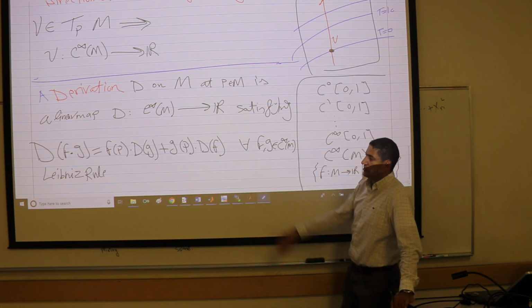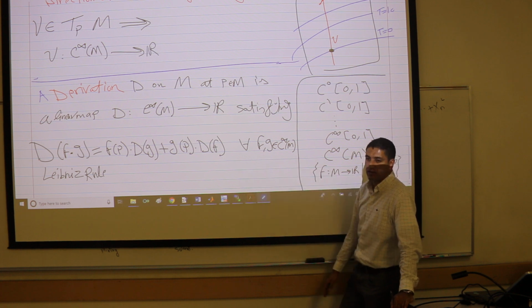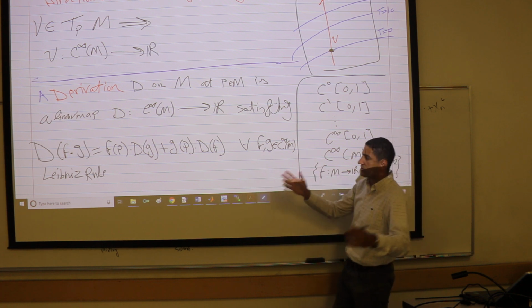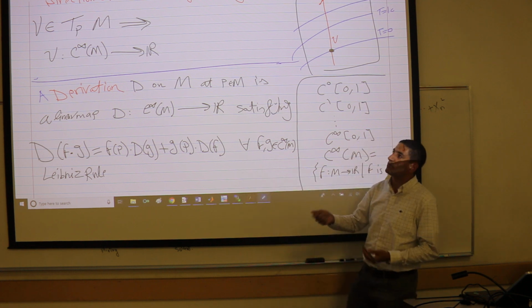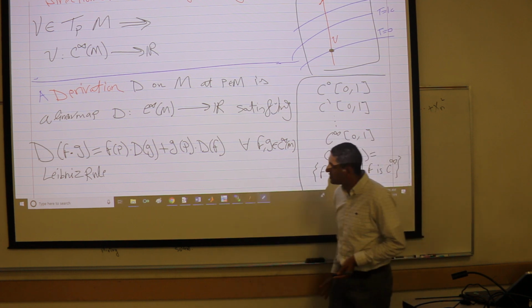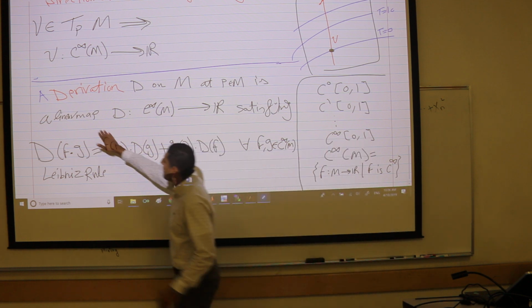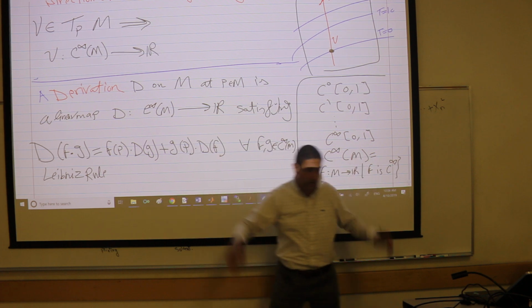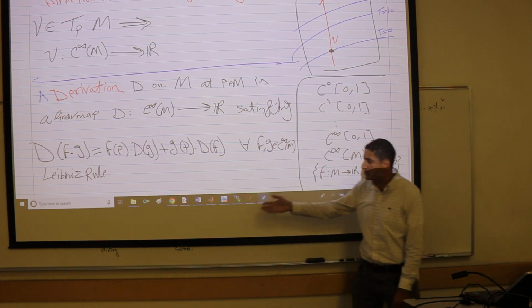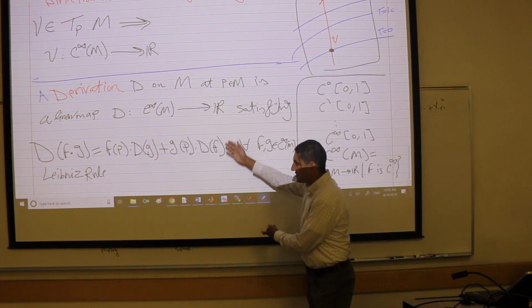Well, just the derivative at a point. Get your function differentiated at a point, it perfectly satisfies this. So that concept we need to generalize. What's the essential feature? It's a linear map on functions. It takes the function, gives you a real number, and satisfies this. If you differentiate the function at a point and give me a number, it satisfies this.